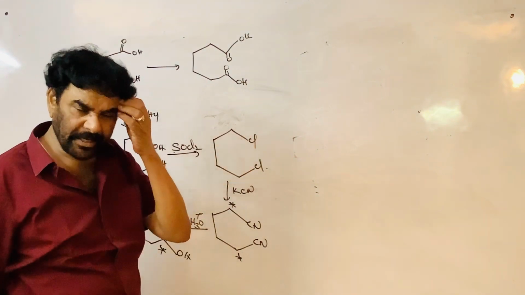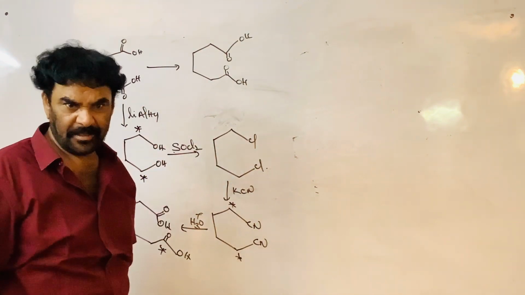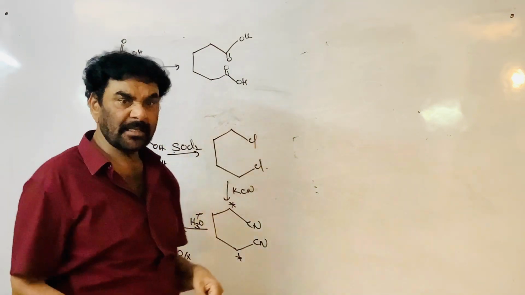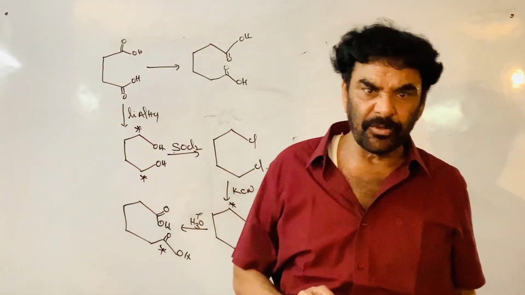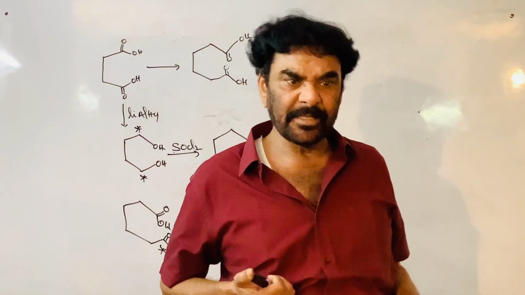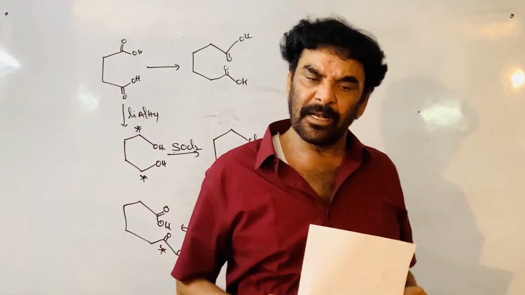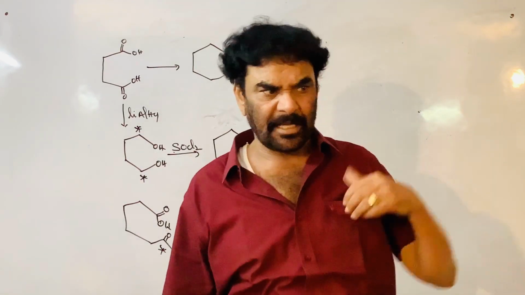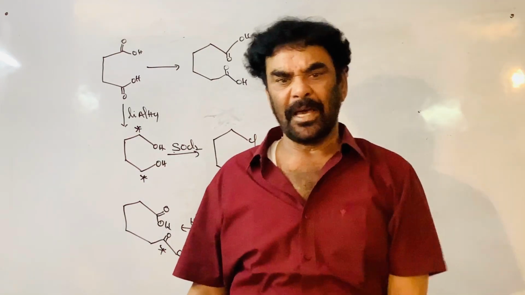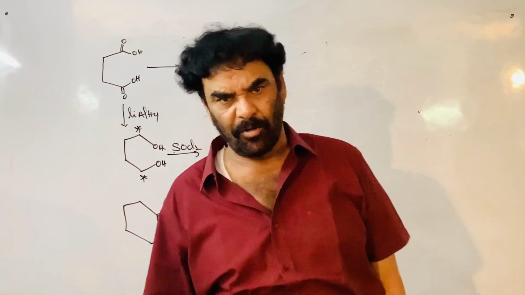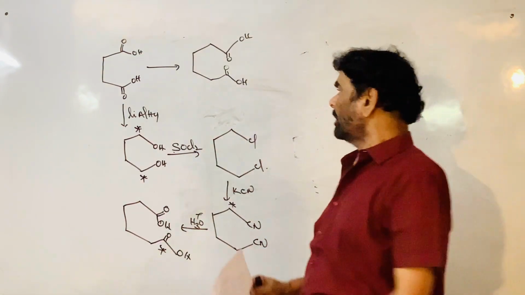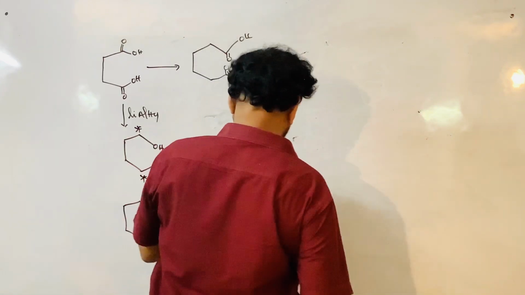Through a ketene intermediate, chain elongation takes place. The Arndt-Eistert reaction is used for homologation of the carboxylic acid. A lower carboxylic acid can be converted into its corresponding higher homolog: acetic acid to propanoic acid to butanoic acid. That is the other procedure.